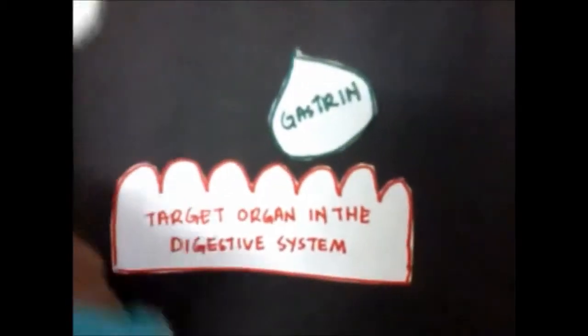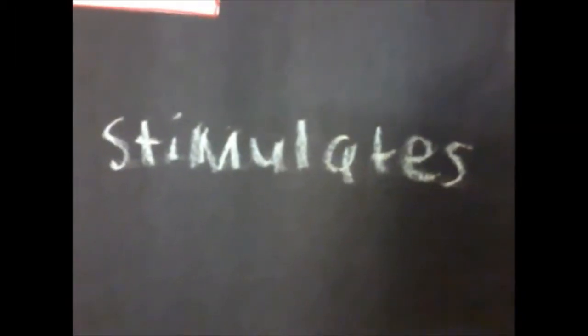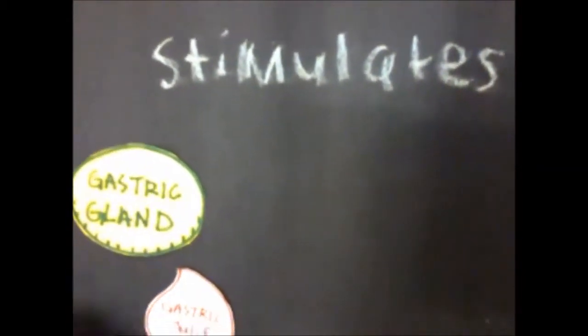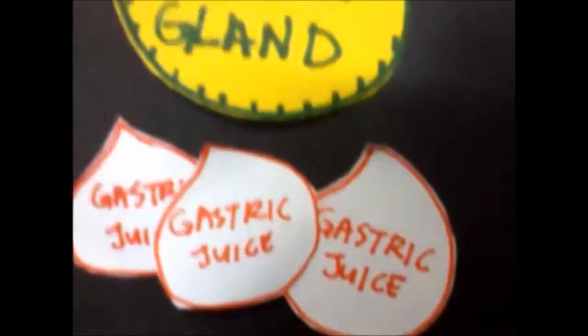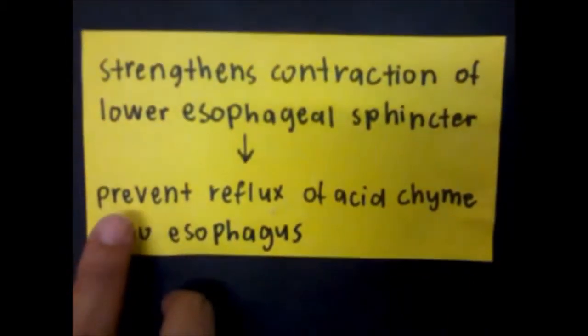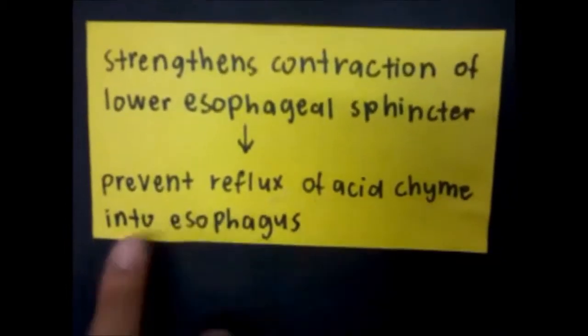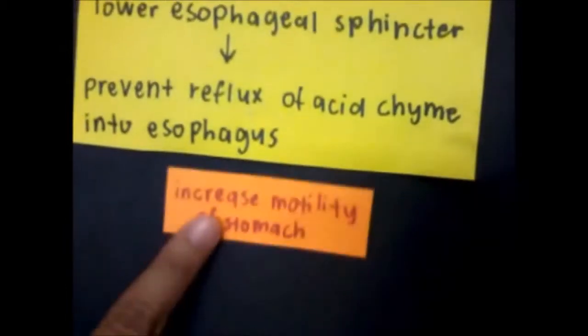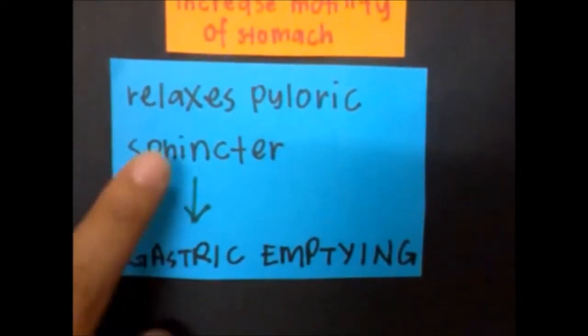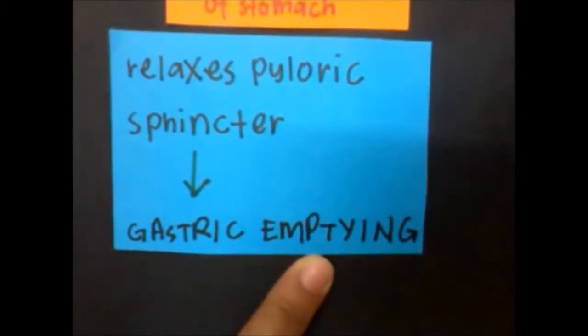Gastrin is released into the bloodstream and reaches its target organs in the digestive system. It stimulates gastric glands to secrete a large amount of gastric juice and strengthens the contraction of the lower esophageal sphincter, which will prevent reflux of acid chyme into the esophagus. It increases motility of the stomach and relaxes the pyloric sphincter, which will promote gastric emptying.